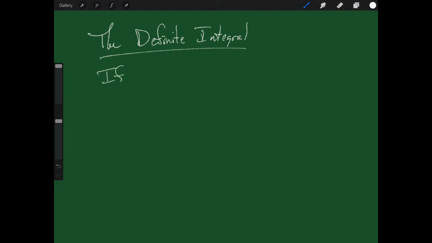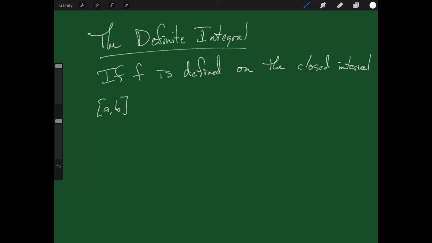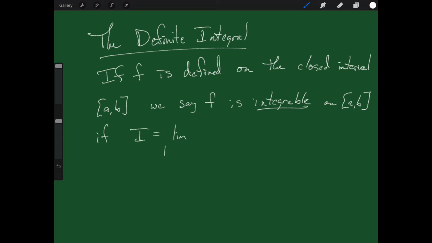If f is defined on the closed interval AB, we say f is integrable on the closed interval AB if I is equal to the limit as the norm of the partition goes to 0 of the sum k going from 1 to n of f of x sub k star times delta x sub k exists.